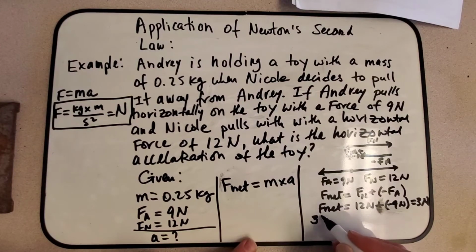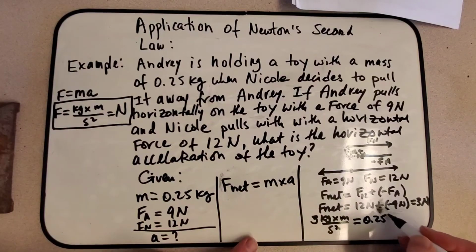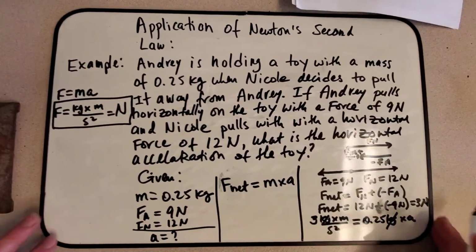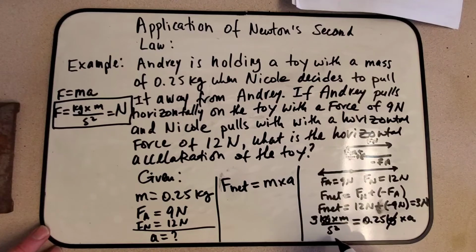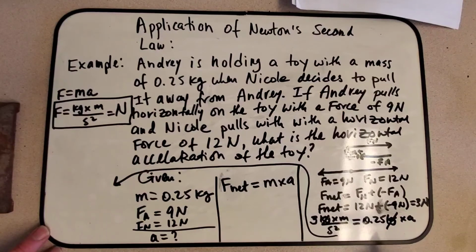We know that the newton is a kilogram times meter divided by second squared, and that will be equal to, now the mass is already in kilograms, 0.25 kilogram times acceleration. You can see, guys, the kilograms cancel right away. I really don't have space here, and I'm working on getting some better technology, so give me some time, but I'm going to continue right here.